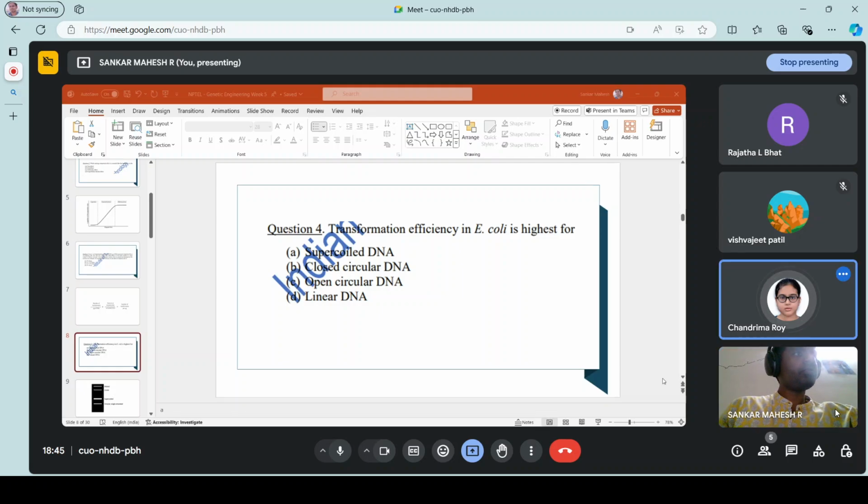No, sir. Think about it in terms of replication of the DNA. So, when you have a closed DNA compared to an open DNA, what is the difference that the DNA replication machinery will have when it is trying to replicate this?